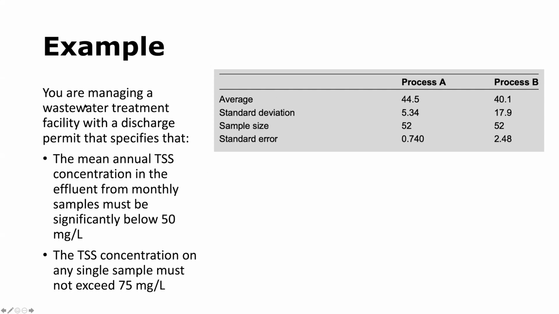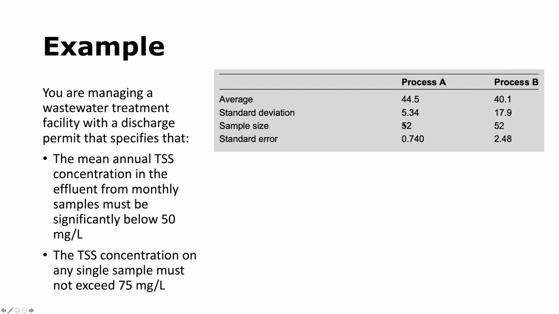So let's suppose for this treatment facility, you're evaluating two processes, and you're not sure which process will be the best to use. So you conduct a short-term study, and you want to see what the performance of process A is at reducing TSS, and how process B compares to that. You collect 52 samples.